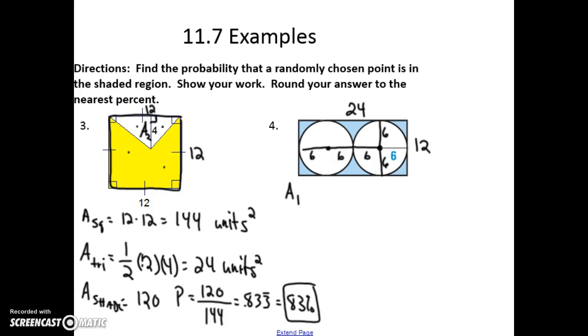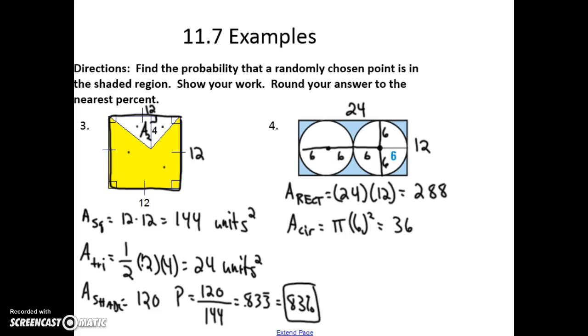So the area of the rectangle, which is all possible outcomes, is 24 times 12, which is 288. And the area of a circle would be pi times the radius squared, and we'll go ahead and just leave that in terms of pi for now, which is 36 pi.